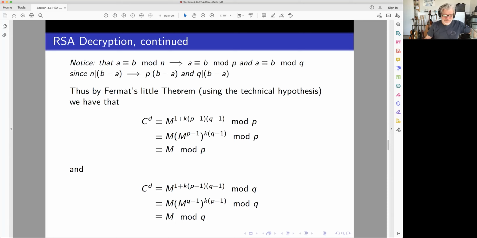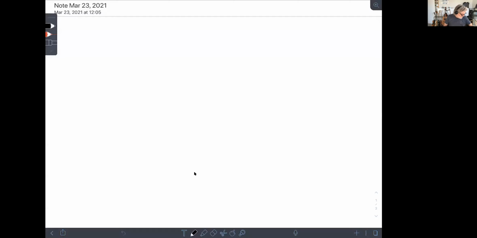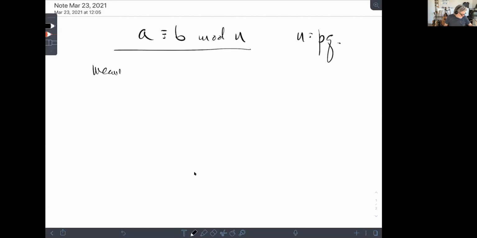Okay, let's do that. So I've got A congruent to B mod n, and n is equal to P times Q. By definition, this means that n divides the difference, right? Two numbers are congruent mod n if n divides their difference.